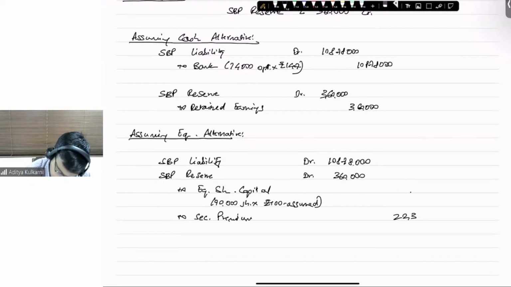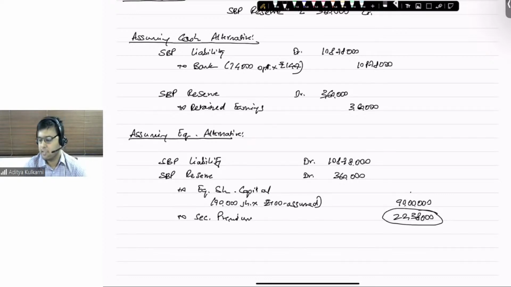To securities premium 22,38,000. All right. So this takes care of the transaction.